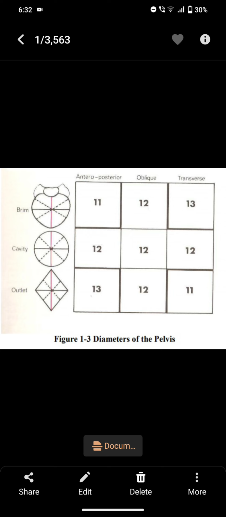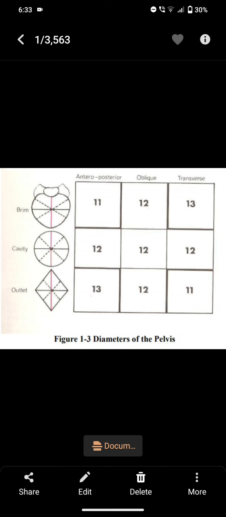The cavity in anterior posterior is 12, oblique is 12, transverse is 12, and in outlet the anterior posterior is 13, then the oblique is 12, and the transverse is 11. So just mug up everything in the box, and it will really help you while you write the diameters in true pelvis. So that's all about the structures of pelvis.